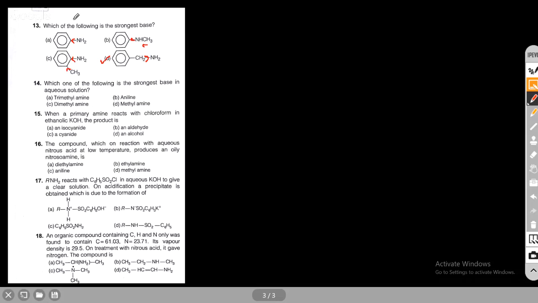What is the order of primary, secondary, and tertiary amine in aqueous solution? Order, you tell me. What is the order of primary, secondary, and tertiary amine with the methyl group in aqueous solution?